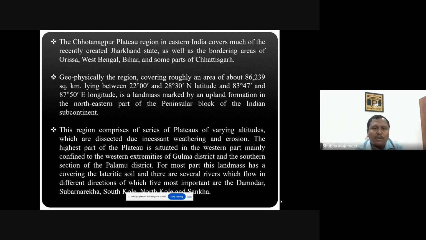As you all know, the Chhotanagpur Plateau region of Eastern India covers the recently created state of Jharkhand, as well as bordering areas of Odisha, West Bengal, Bihar and some parts of Chhattisgarh.